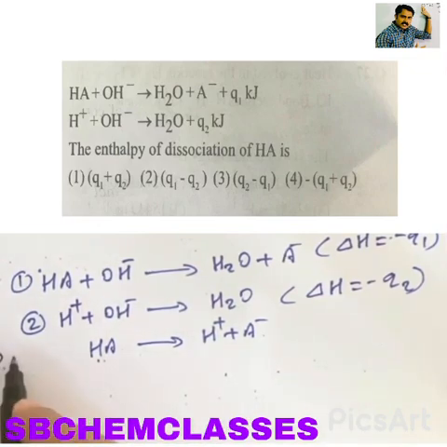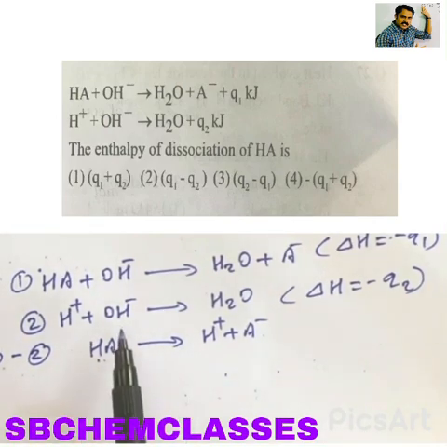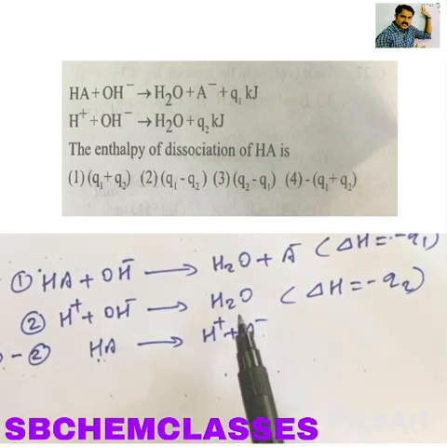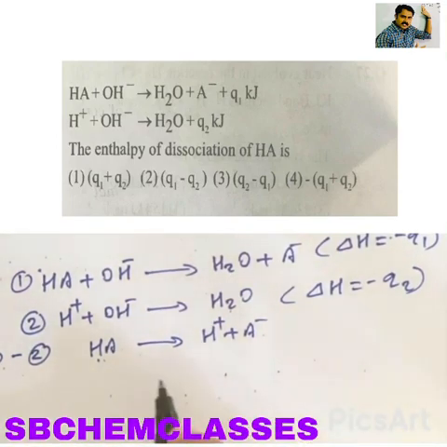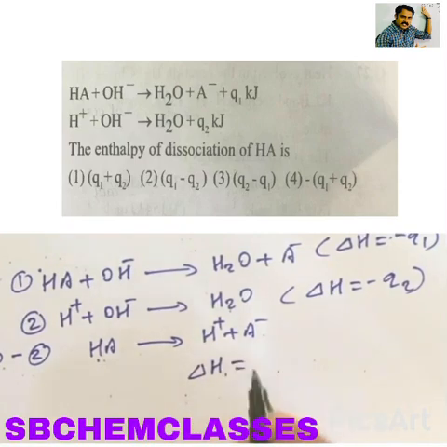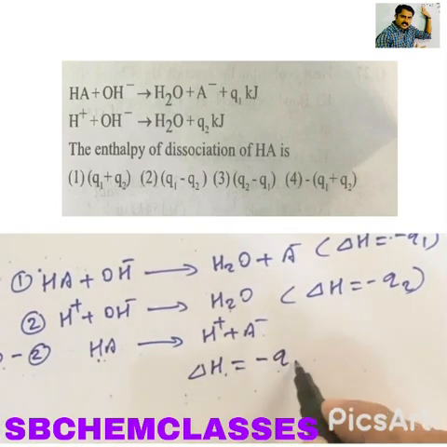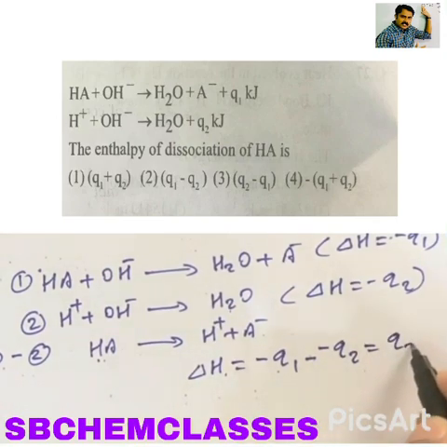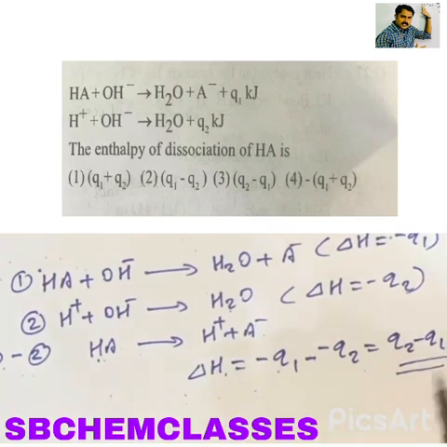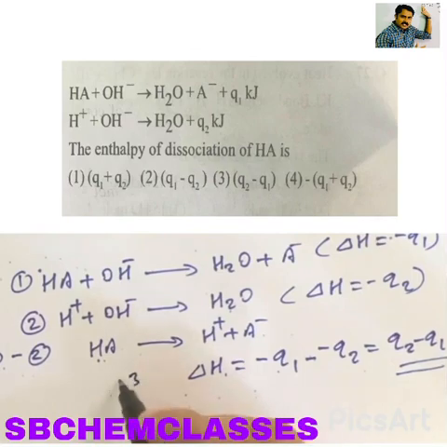The enthalpy of this reaction will be minus Q1 plus Q2, that is Q2 minus Q1. Q2 minus Q1 is option 3.